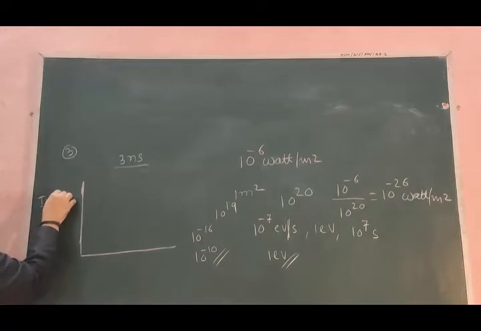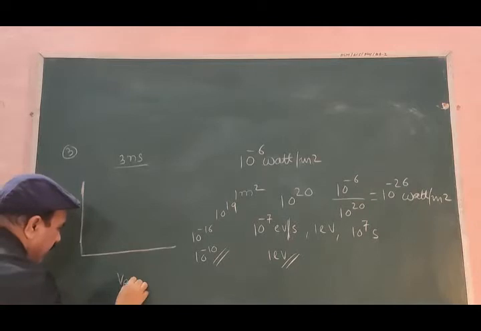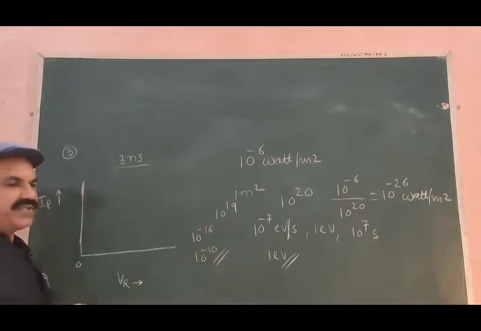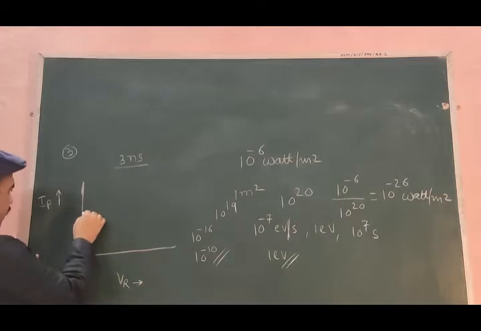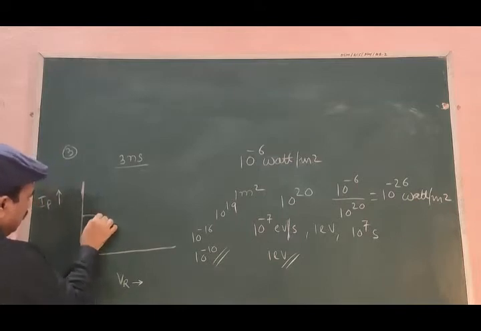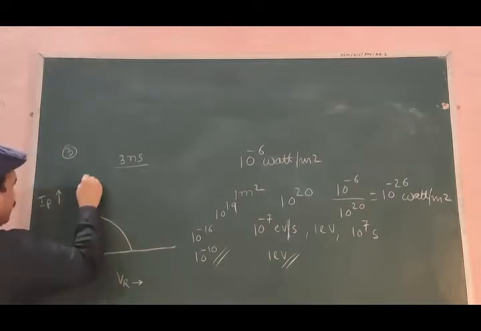Photo current on the y-axis, retarding potential on the x-axis, which is the reverse bias, 0 and then minus, and they got this type of curve.